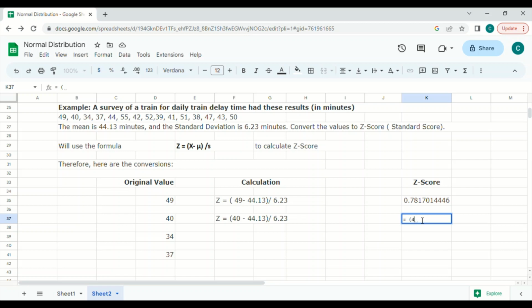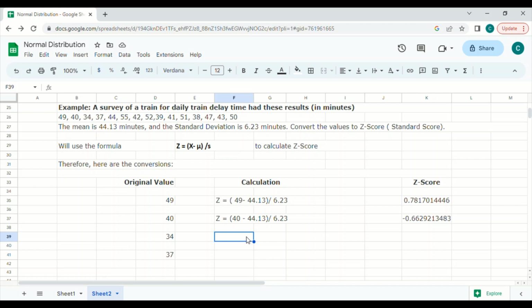Press enter, we get the z-score value, which is minus 0.66. Therefore it is minus 0.66 standard deviations away from the mean.